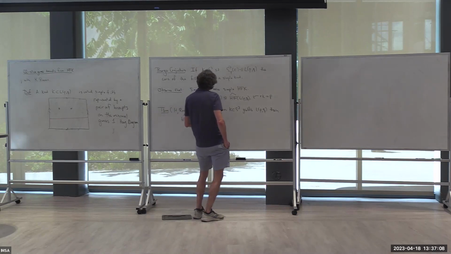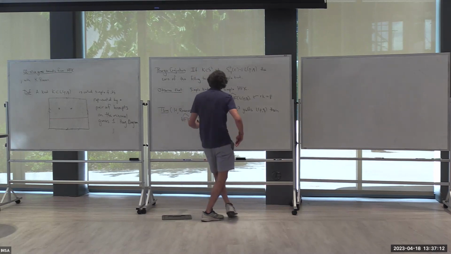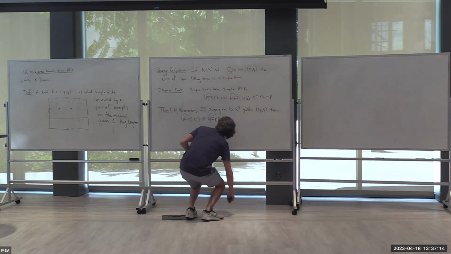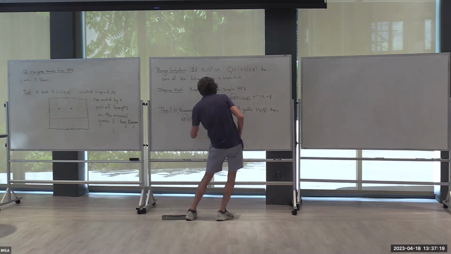So the knot Floer homology is isomorphic to that of one of these knots. This is for the dual knot.